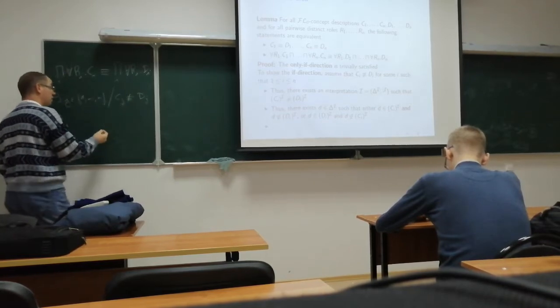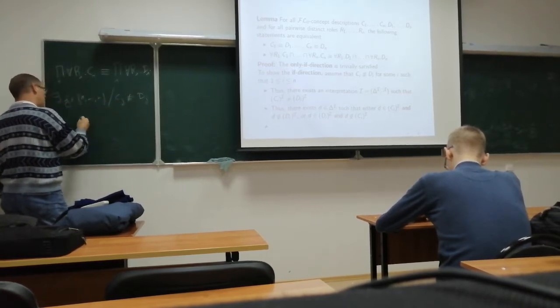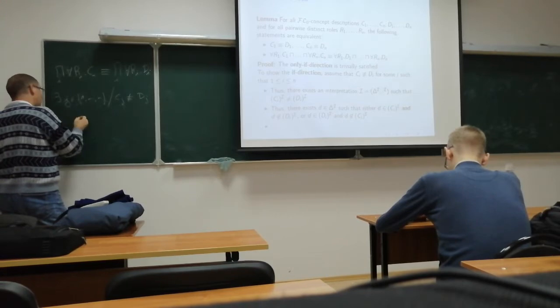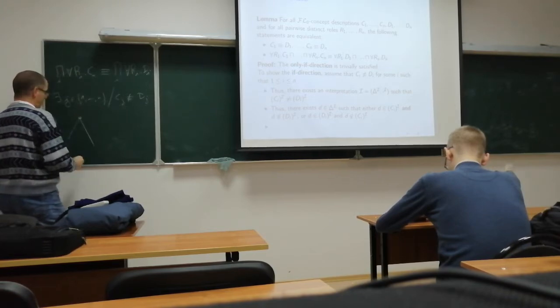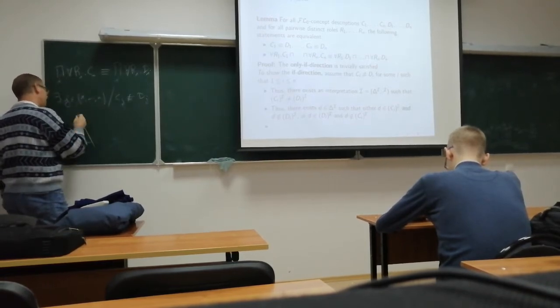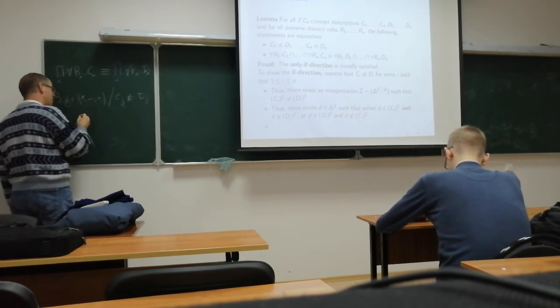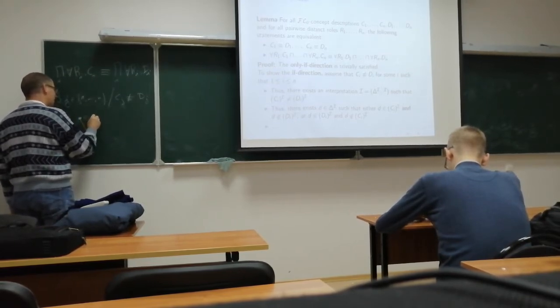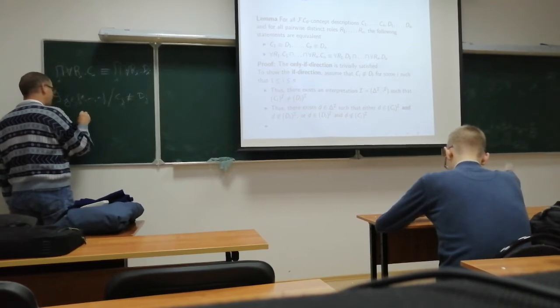What does it mean, this one? It means that for such a G, there exists a model, a Kripke model in fact, and there exists a possible world in this Kripke model, that is to say, an element of the domain, which, for example, satisfies CG, so I will put plus here, but does not satisfy DG.